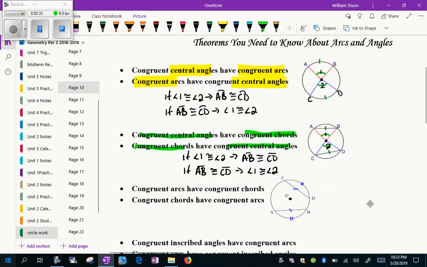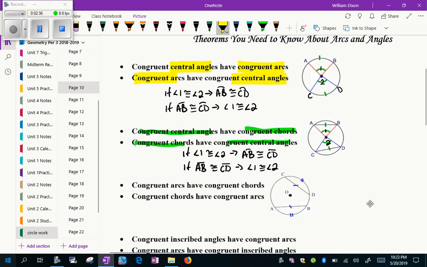All right. Our next theorem is that congruent arcs have congruent chords, and congruent chords have congruent arcs. So my first line is that if arc CD is congruent to arc AB, then chord CD is congruent to chord AB.